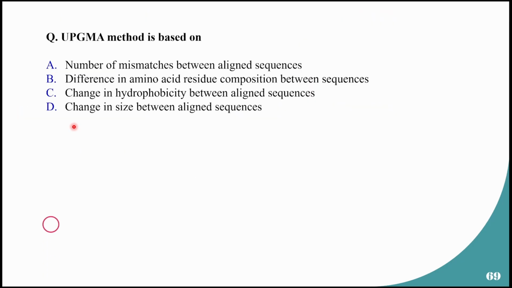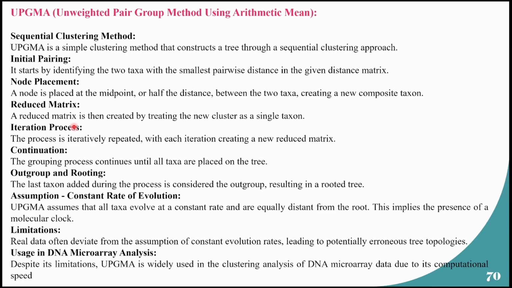Okay. And then we talked about the UPGMA method for constructing the phylogenetic tree. Now, the phylogenetic tree was basically a tree that describes evolutionary relationships, right?